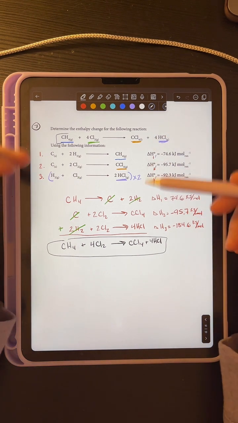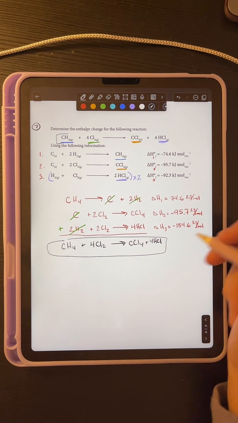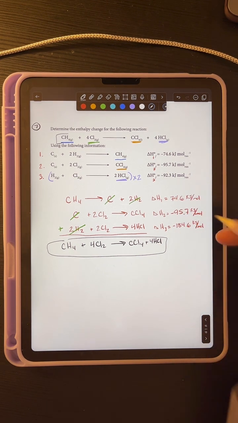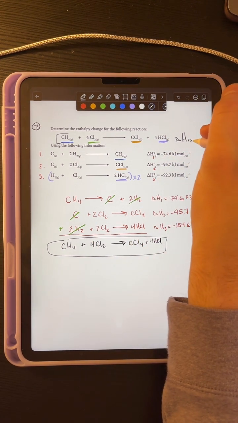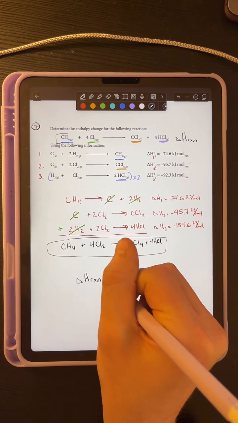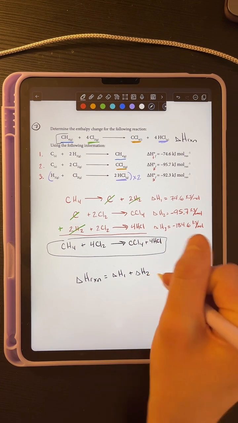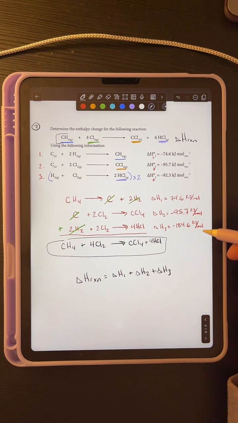So we know that we manipulated and rearranged and did everything correctly. And now we can go ahead and do Hess's law, which states that our delta H of reaction, or delta H4, is going to equal our delta H1 plus our delta H2 plus the delta H3. It's just the sum of all of these.